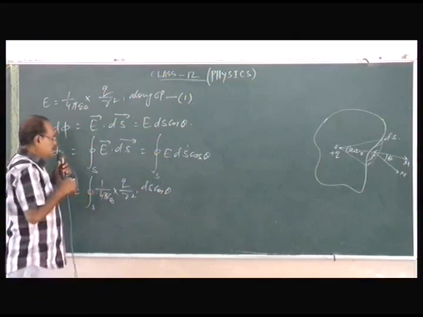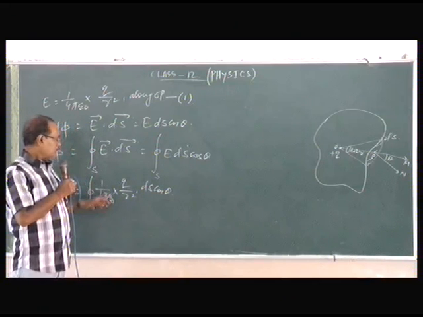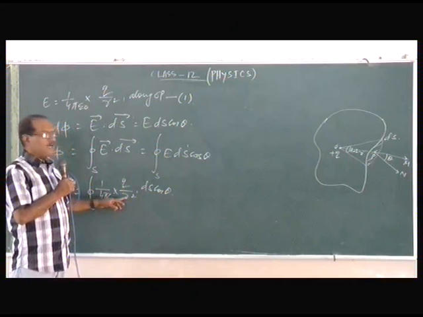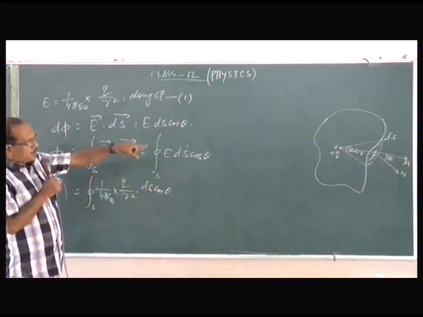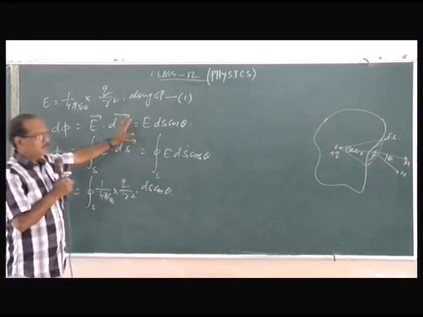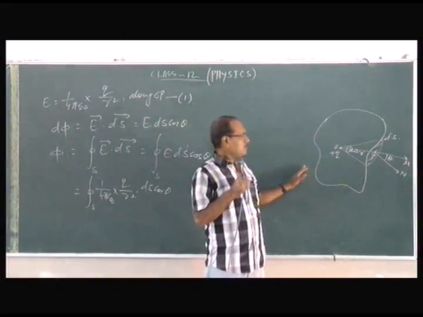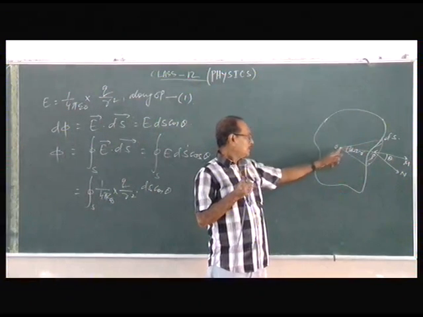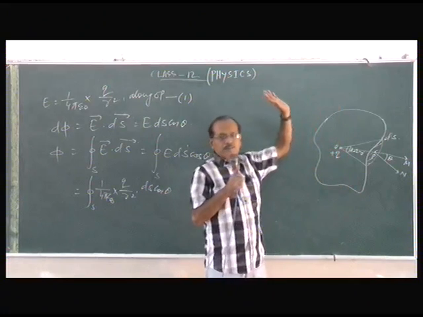Here 1 by 4 pi epsilon naught is constant, q is constant, but r is not constant, because the distance of the surface from O is different, since it is an irregular shape. From here to here, distances are different.